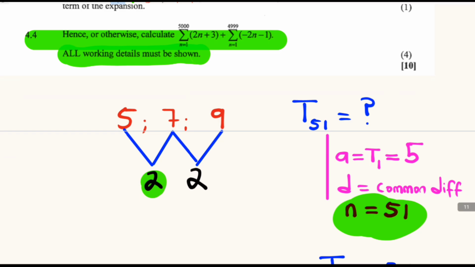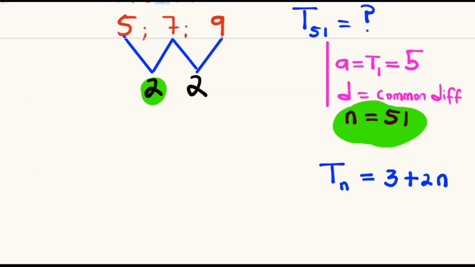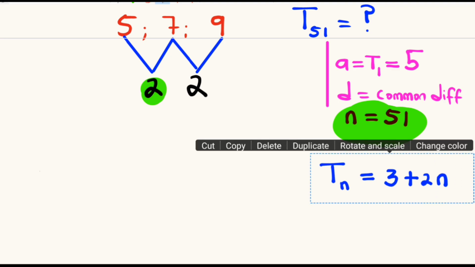The Tn that we just determined, the Tn is equals to 3 plus 2n.